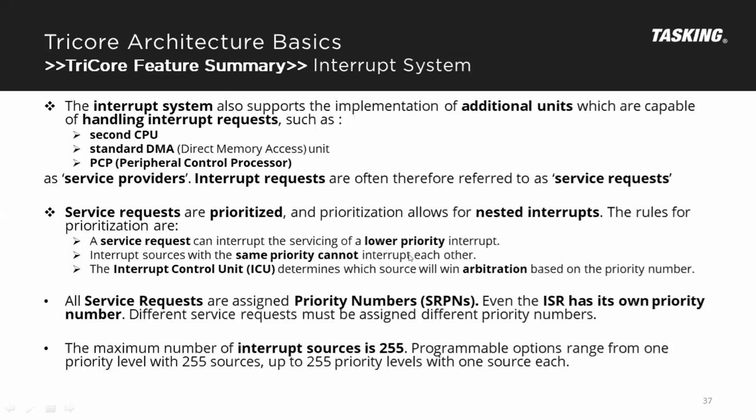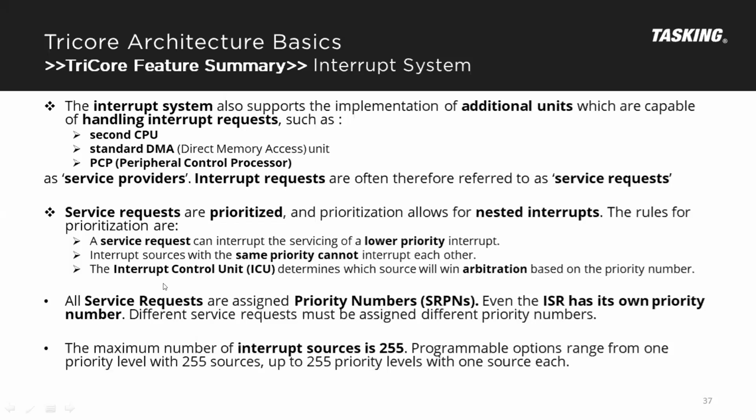You will also have something here called the ICU, or interrupt control unit. It is responsible for arbitration on the bus. So if two or more interrupts need to be served at the same time, the interrupt control unit is the entity that decides who will take the CPU and be served first, based on the priority of the interrupt.